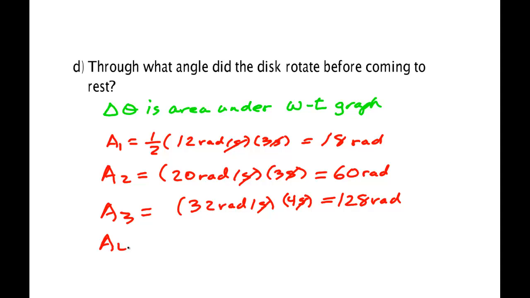And A4 would be 1/2 times 32 rad per sec times that time. We just found the time a minute ago. It was roughly 10.7 seconds. That one I can't do as easily in my head, so I'll use my calculator. I get roughly 171 radians.